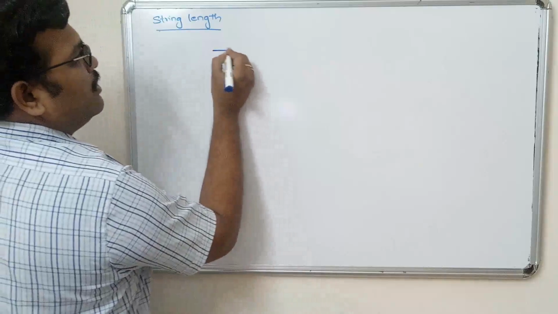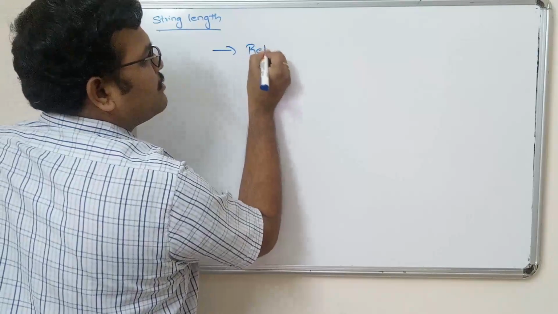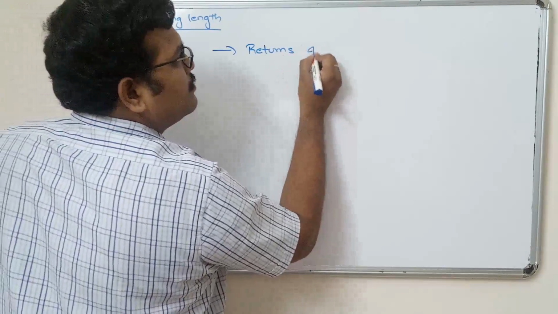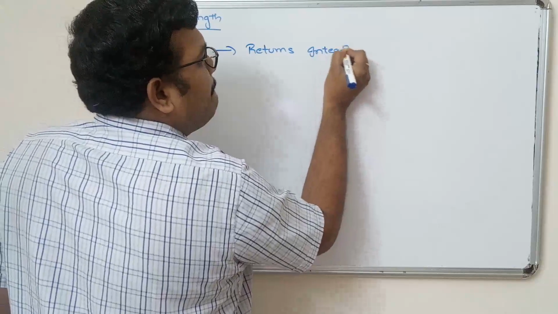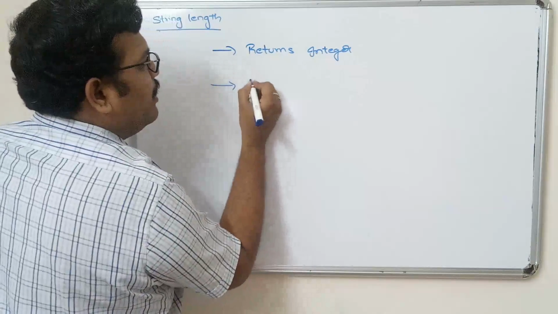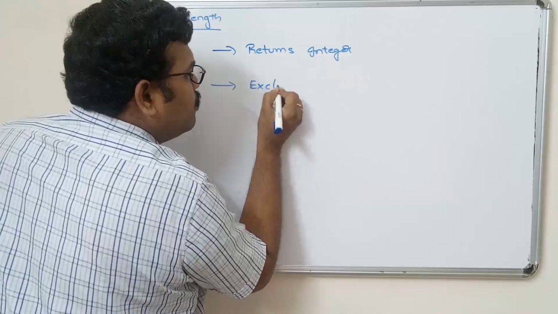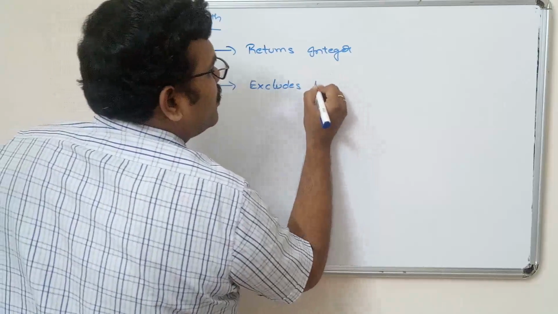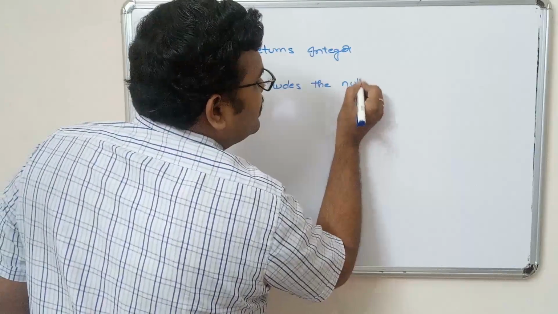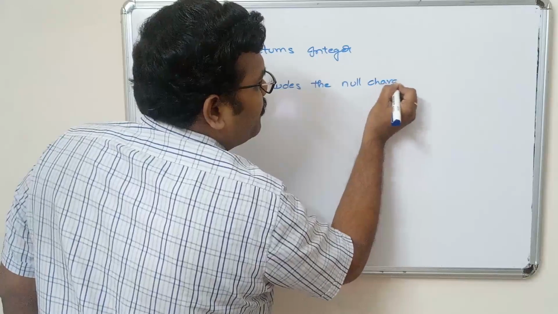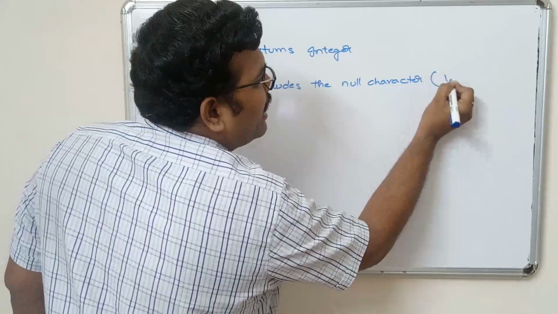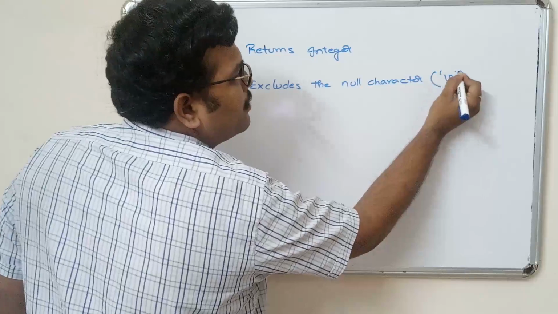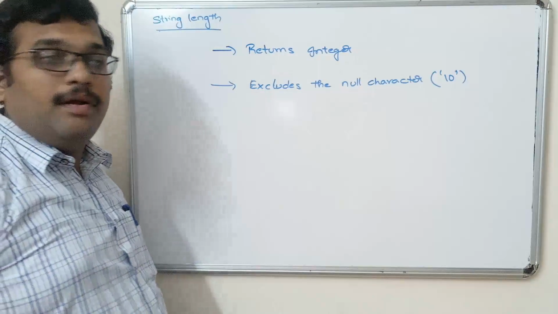So it returns an integer and excludes the null character in the string. Here the null character is \0. Right?